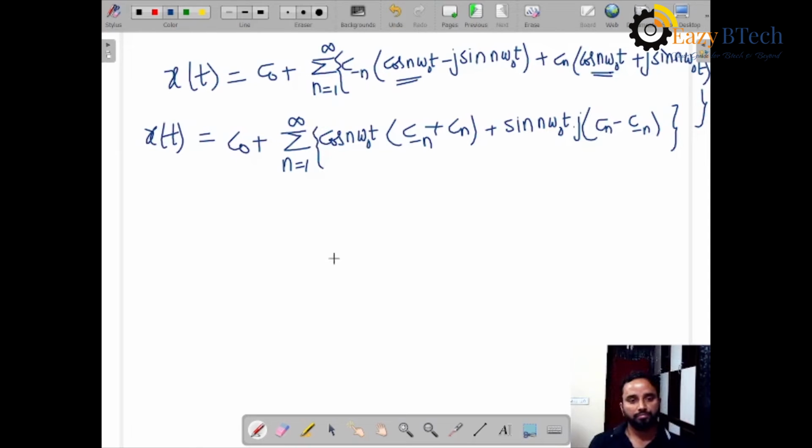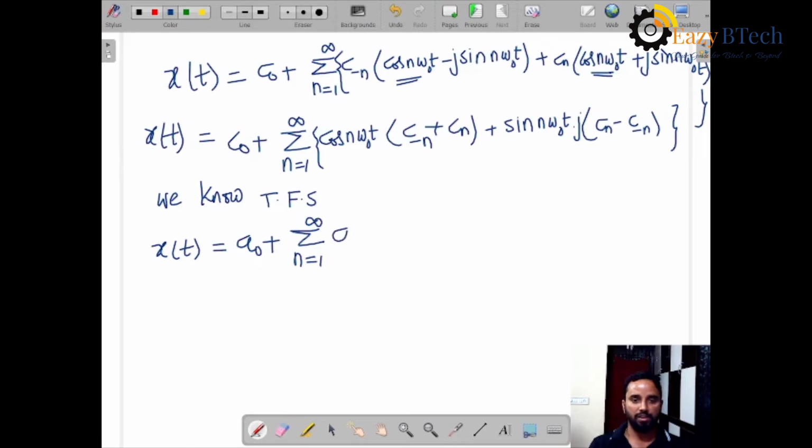Now we have the trigonometric Fourier series. What is the trigonometric Fourier series? x of t is equal to a naught plus summation 1 to infinity a n cos n omega naught t plus b n sin n omega naught t.